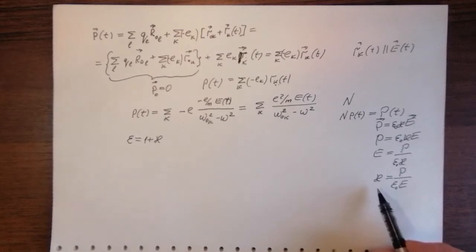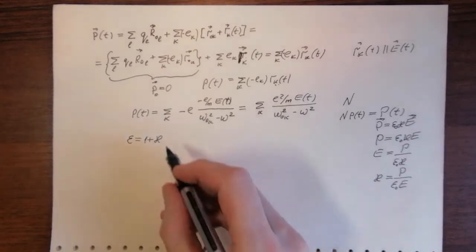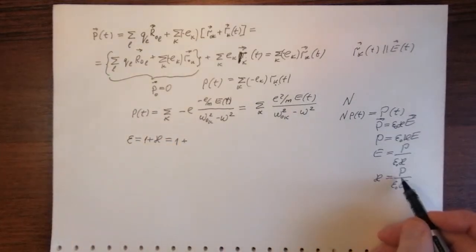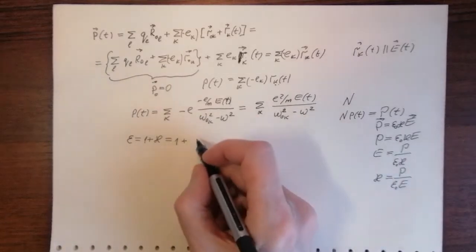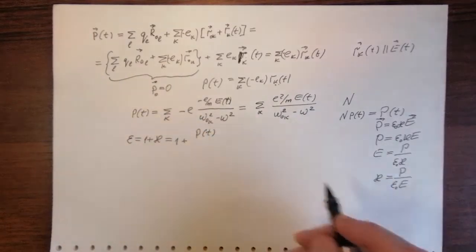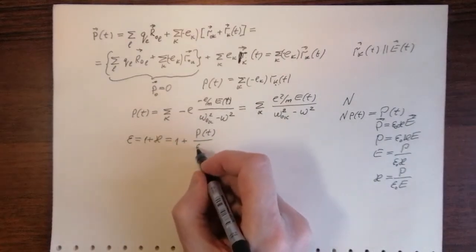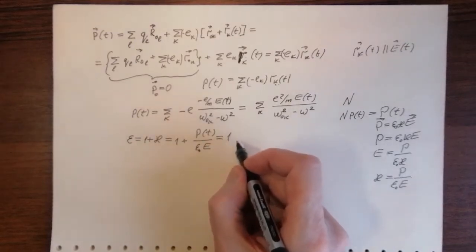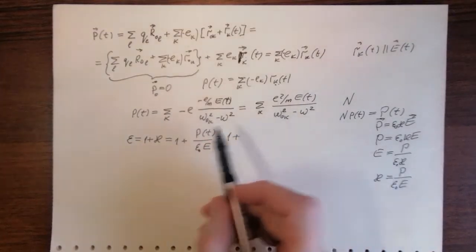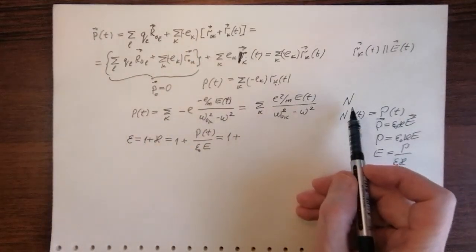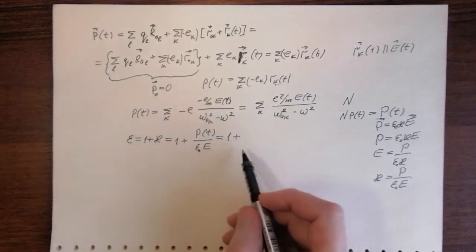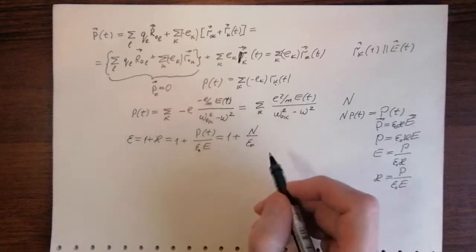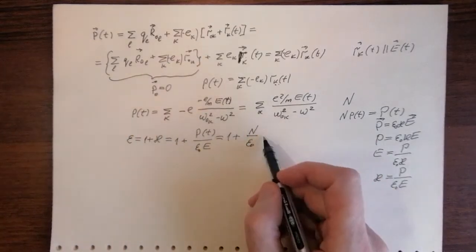So this is 1 plus P on T divided by epsilon 0 E. But polarization is this value, P on T, multiplied by N. So we can say that this is N divided by epsilon 0, and here P on T is this term here.